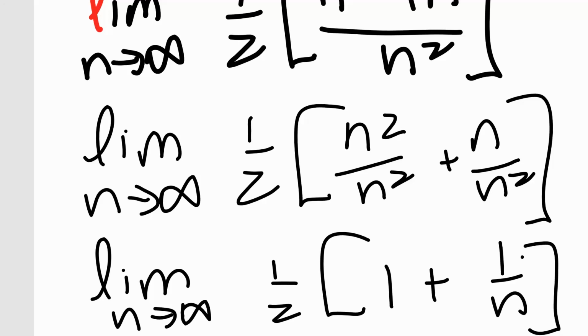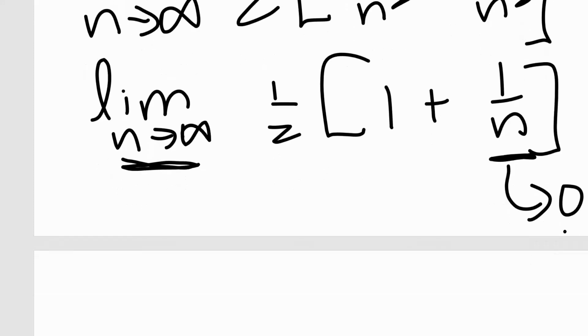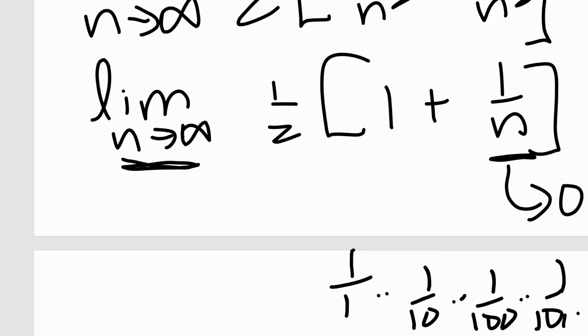All right. So now, because n is going to infinity, any fractions that I still have, once they are reduced, that still have an infinity in the denominator, this whole piece goes to 0, because it becomes 1 over 1, then 1 over 10, then 1 over 100, then 1 over 1,000.